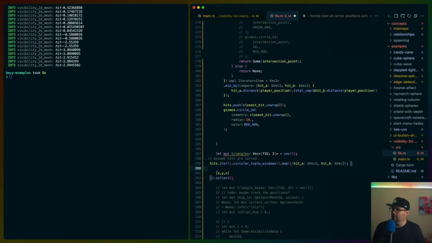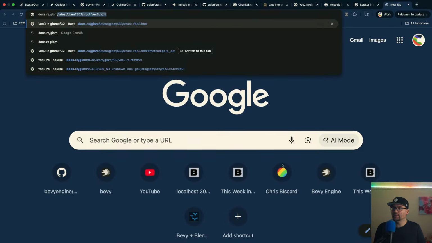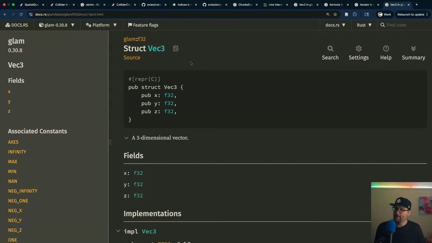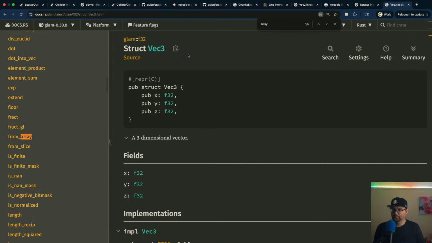Right. So this is going to be flat map. Because what we actually need is player position. Player position. We can do as array, right? I'm not totally blanking on that. To array.